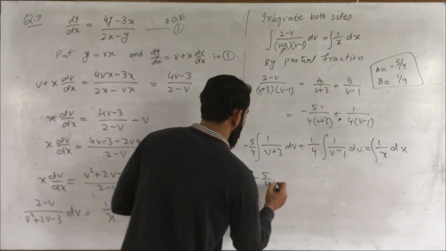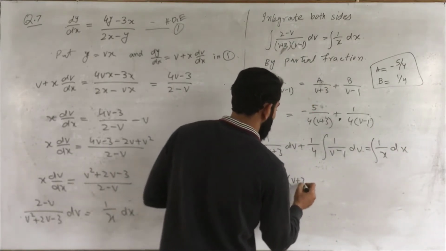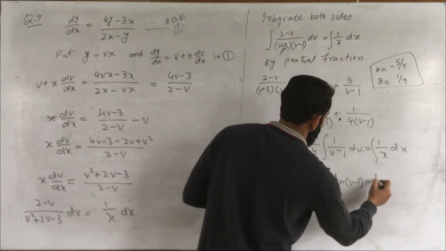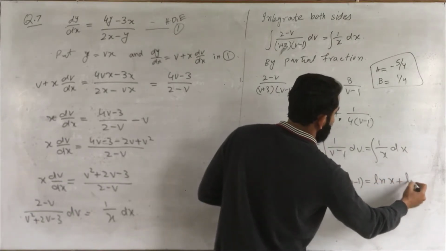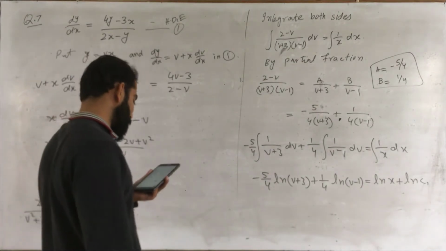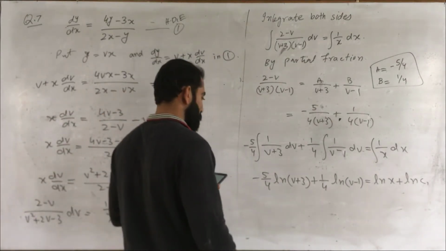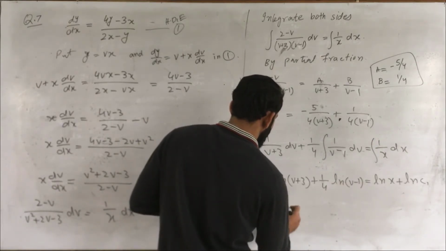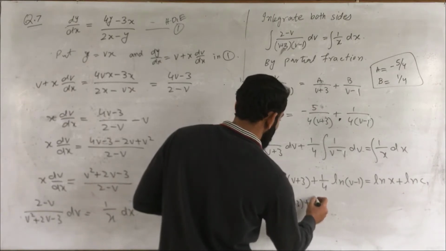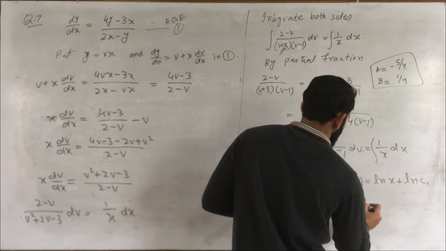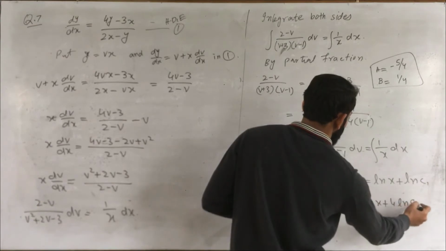So minus 5 over 4 natural log of (v plus 3) plus 1 over 4 natural log of (v minus 1) is equal to natural log of x plus natural log of c1, where c1 is a constant. Multiplying the whole equation by 4, we got minus 5 natural log of (v plus 3) plus natural log of (v minus 1) is equal to 4 natural log of x plus 4 natural log of c1.